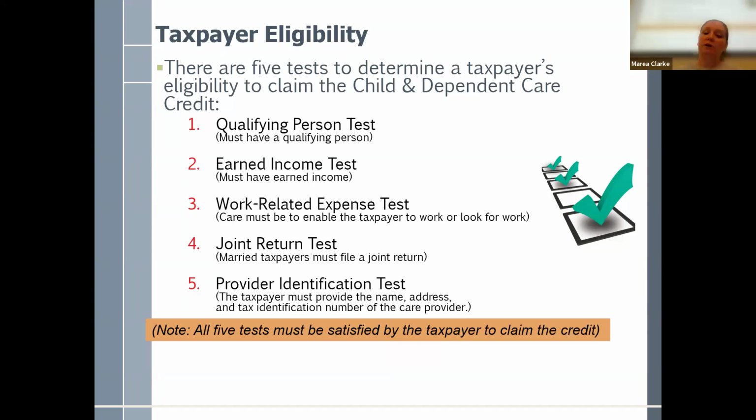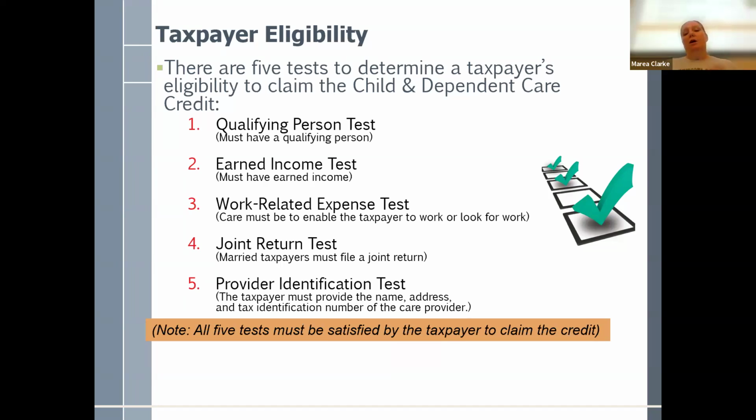If you are married, you must file a joint return. And whoever you are paying to look after your child has to provide their name, address, and a tax ID number. If they're a person, it needs to be their Social Security number or ITIN. If it is a business, then we need their business employer identification number.